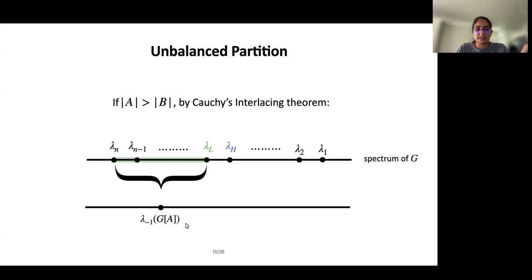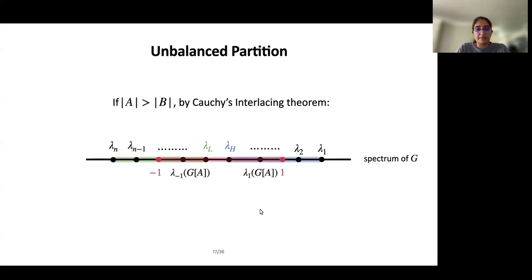And what the Cauchy interlacing theorem tells me is that my lambda L is bounded below by the smallest eigenvalue of the graph induced on A. Similarly, my lambda H is bounded above by the largest eigenvalue, lambda 1 of G of A. And because each of these eigenvalues is bounded above by 1 and below by minus 1, that gives me that my median eigenvalues are also bounded by 1 and minus 1 from above and below, respectively.